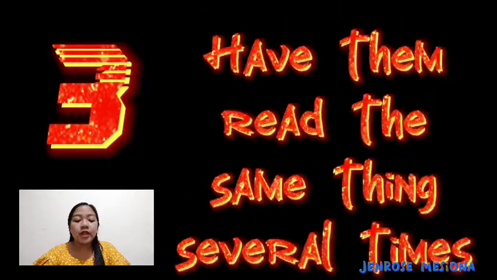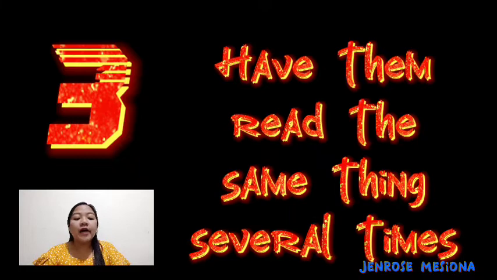Another strategy is to have them read the same thing several times. When you're trying to improve fluency, it helps to see the same text multiple times. Each reading becomes easier and motivation goes up as students experience enhanced fluency thanks to repeat exposure to words and phrases.